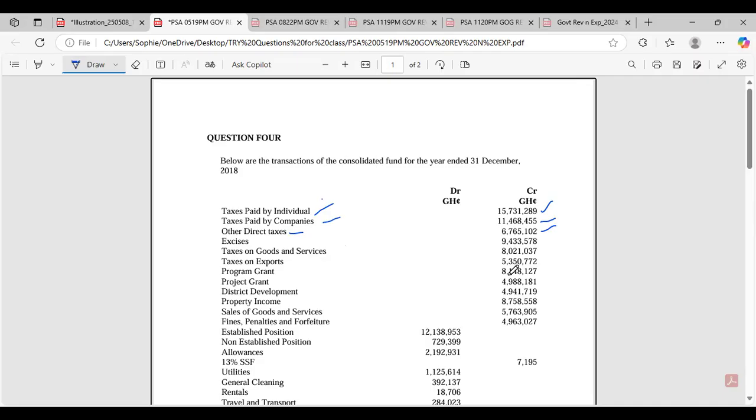Please continue. We have excises. Tax on goods and services. Tax on exports. Program grants. So project grants. Okay, go ahead.